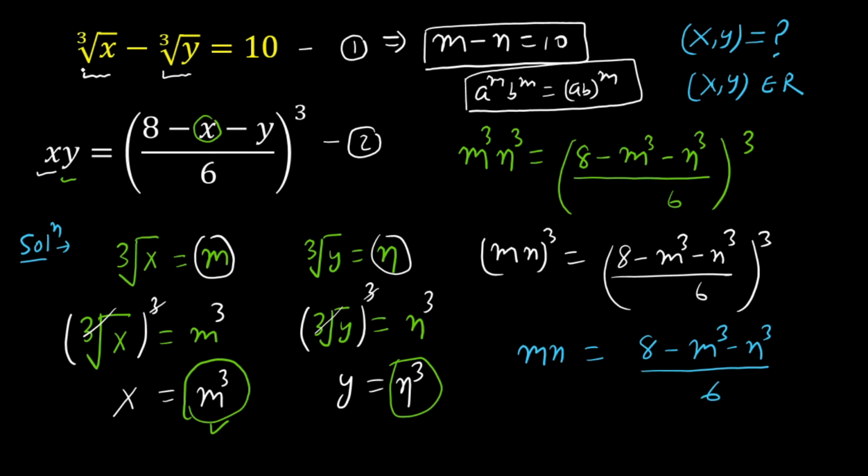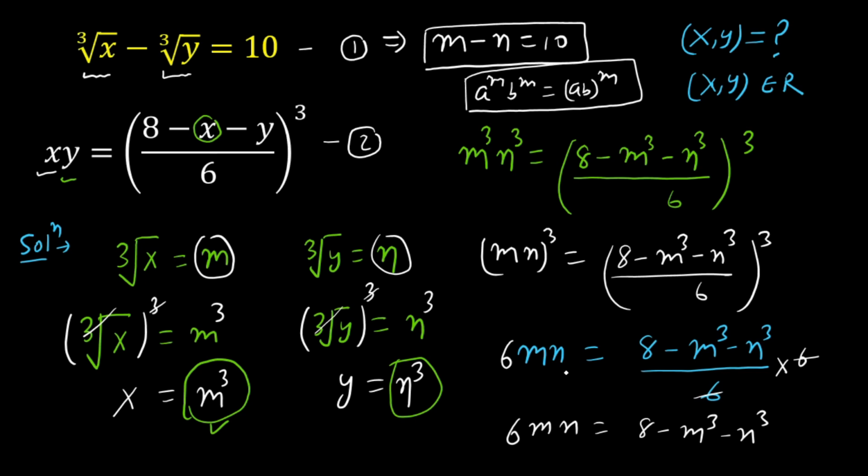Now if we multiply both sides by 6, then the 6 and 6 are cancelled out, and we get 6mn equals 8 minus m cube minus n cube.